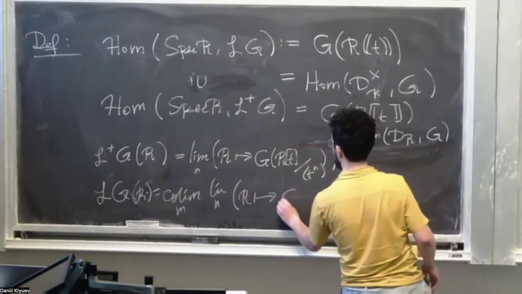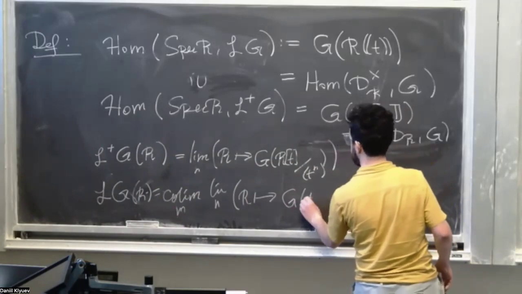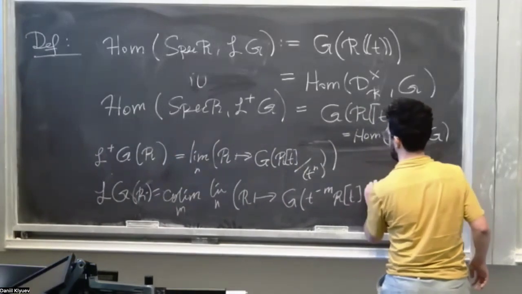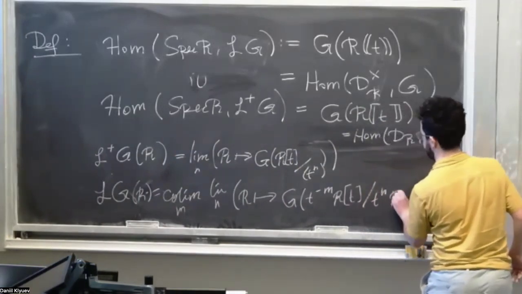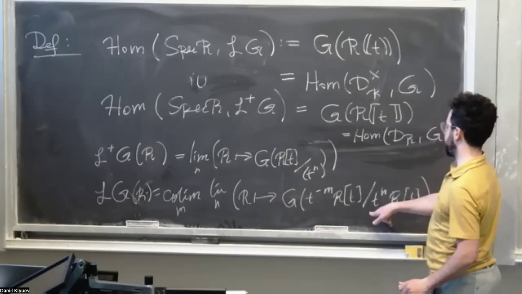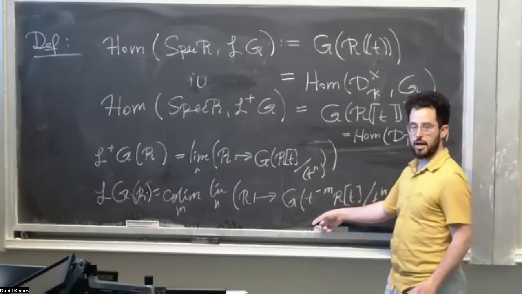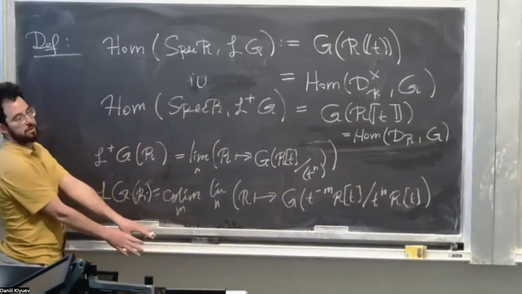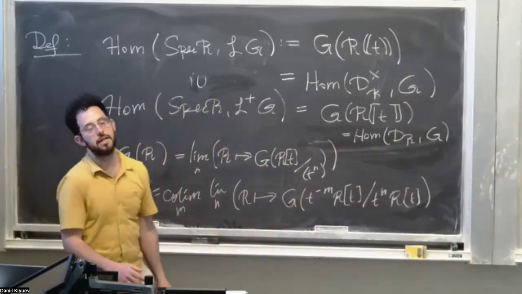Now I can take bigger and bigger N and allow bigger and bigger poles, and then I take the colimit and the limit. So the object I'm getting eventually is an ind-scheme of infinite type.